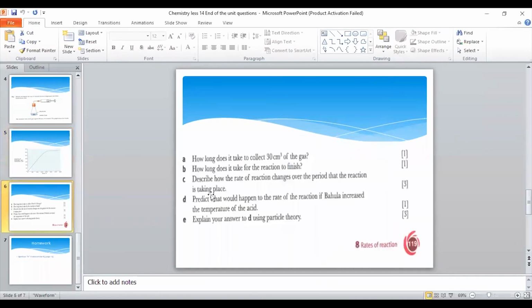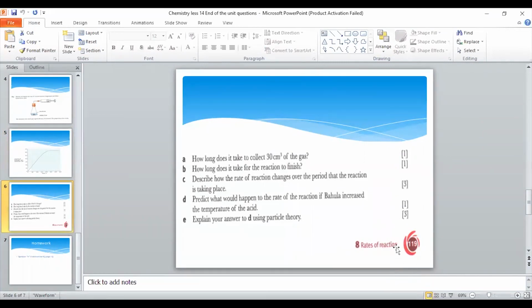Usually we have a very fast rate at the very beginning of all reactions. Predict what would happen to the rate of the reaction if Bahula increased the temperature of the acid. We are increasing the temperature, so what will happen? The rate of the reaction will be faster.